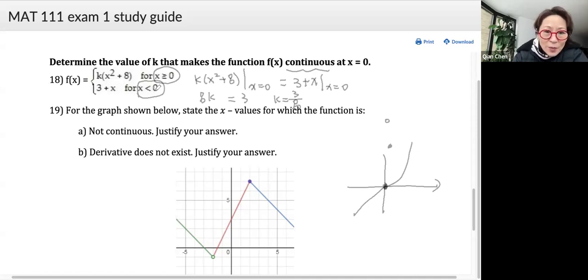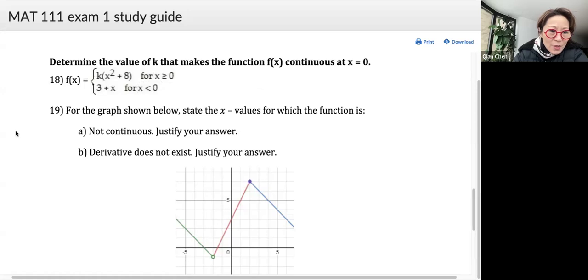Of course, this doesn't have to be 0, right? This can be any number. Let me use another number. I could change this number to be any number I want. I would probably say 1. So what do we do? That means k times x squared plus a when x equals 1 has to equal 3 plus x, x equals 1, right?